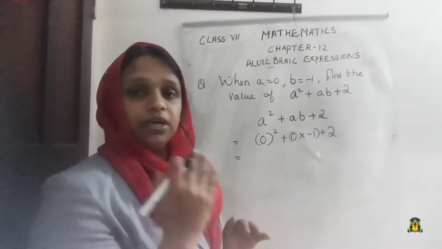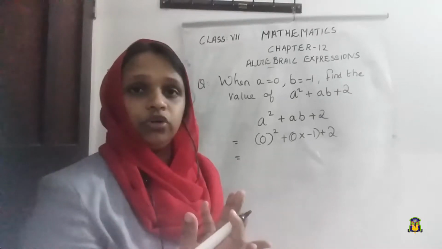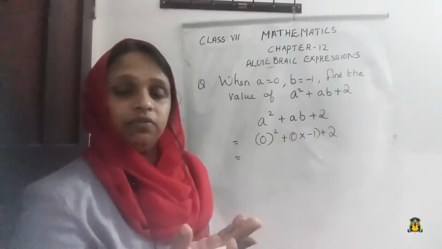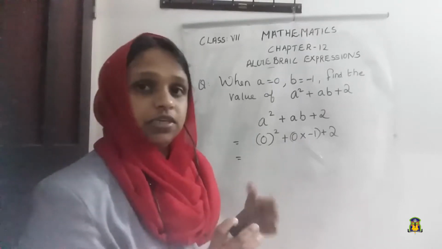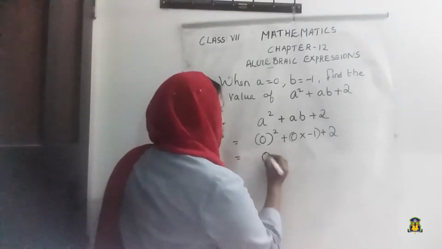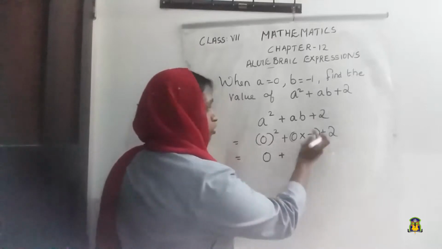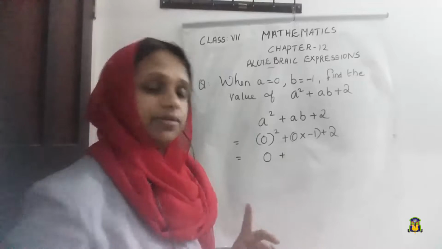A number multiplied with 0, that means 0 into 0. 0 into 0 is what? 0. A number multiplied with the 0 is also what? 0. Here 0 square means that is also 0. 0 plus 0 into negative 1. Okay, 0 multiplied by any number, the value is what? 0.